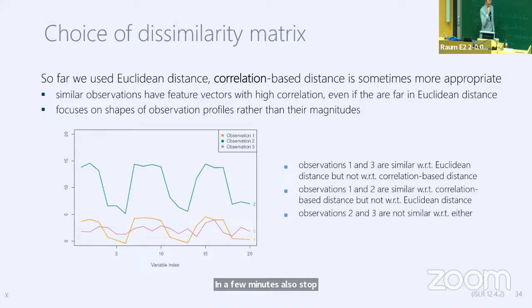This is also important: how you choose your dissimilarity metric. Right before, we were talking simply about Euclidean, which makes sense in many cases, but not always. If we look at this figure, we have three observations, green, pink, yellow, over different variables.